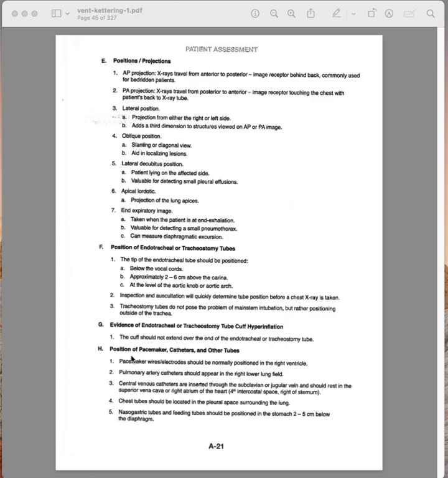Position of endotracheal or tracheostomy tube. The tip of the endotracheal tube should be positioned below the vocal cord, approximately 2 to 6 centimeters above the carina, at the level of the aortic knob or aortic arch. Inspection and auscultation will quickly determine the tube position before a chest X-ray is taken.